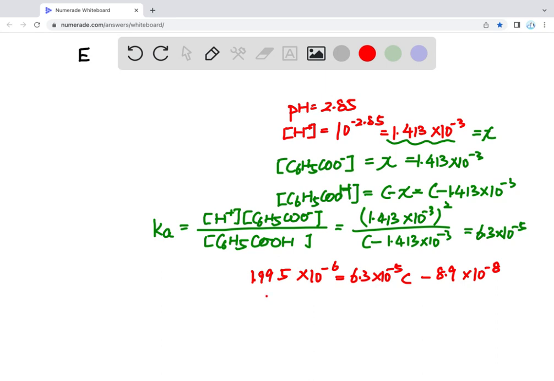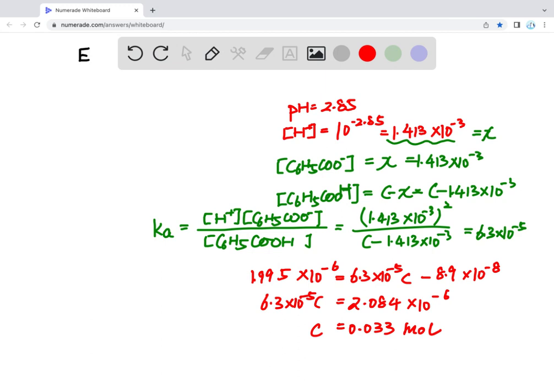So in this case, you'll find 6.3 times 10 to minus 5 C equals, let's see, about 2.084 times 10 to minus 6. So the C here equals about 0.033 molar.